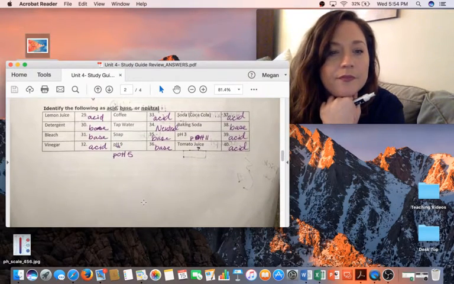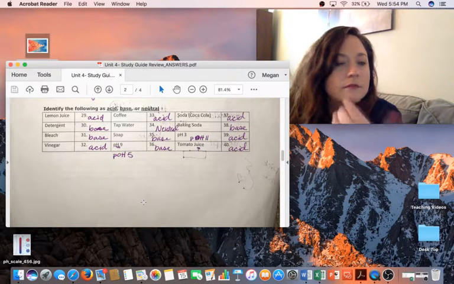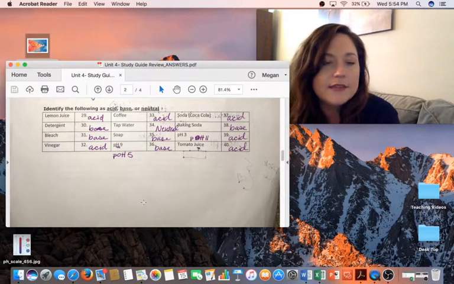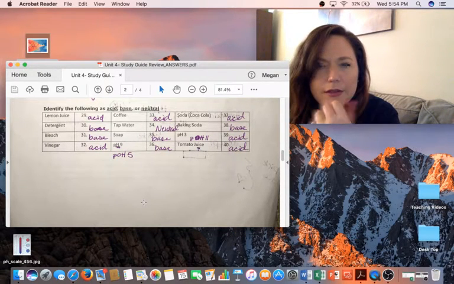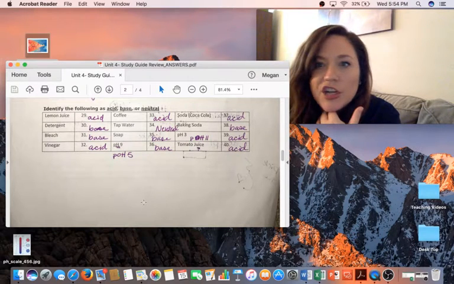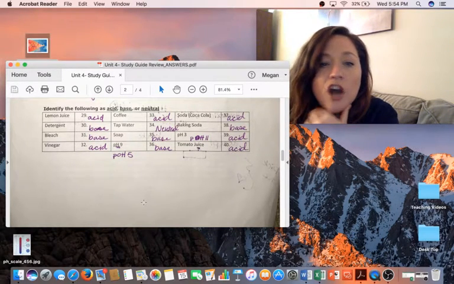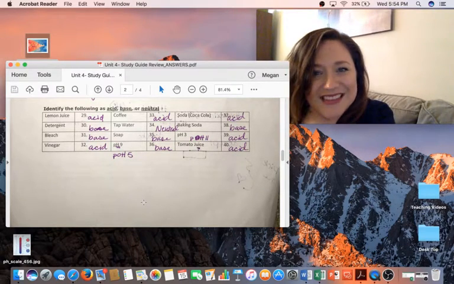Okay. So these were pretty straightforward. Lemon juice, acid, detergent, base, bleach, base. I know it's weird to think of bleach as a base, but yes, it's a base. Vinegar, acid, coffee, hint, hint, wink, wink, coffee is an acid.